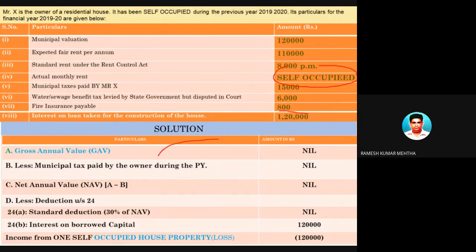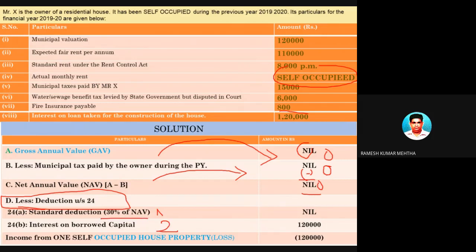As I already told, for a self-occupied house property, the gross annual value is zero. Municipal taxes, if any paid, will not be taken into account. It is ignored and it is zero. So zero minus zero is zero. So the net annual value of the house property is zero. Now, less standard deduction under section 24 (1) and (2).